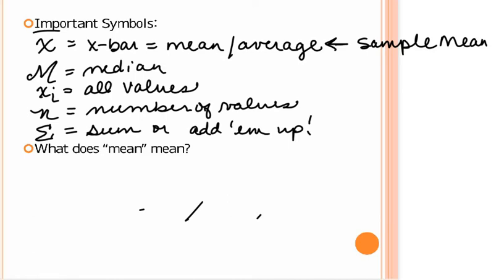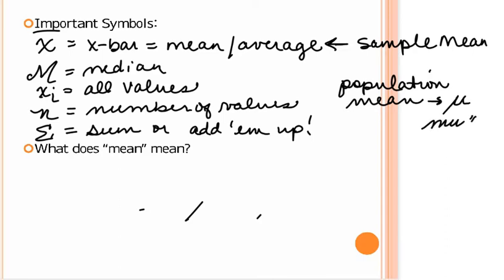If I were to use a population mean, I actually have a different symbol for that, which we will get to in later chapters, but just so you know it, the population mean is represented by this symbol right here, which is mu. Not to be confused with mu. But we'll deal a lot with that later on. So, fun times ahead.